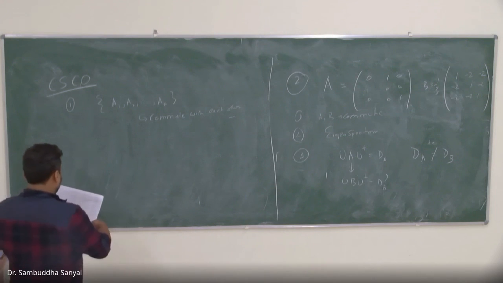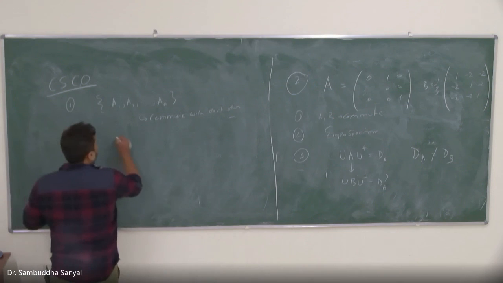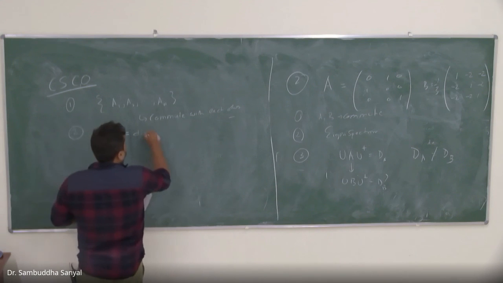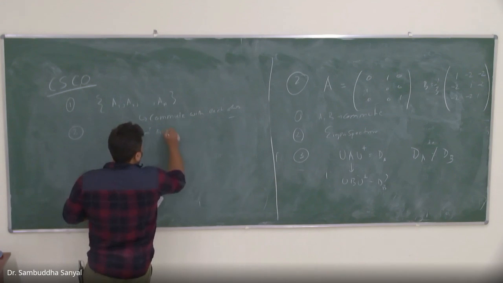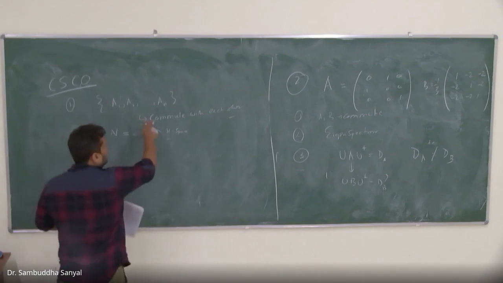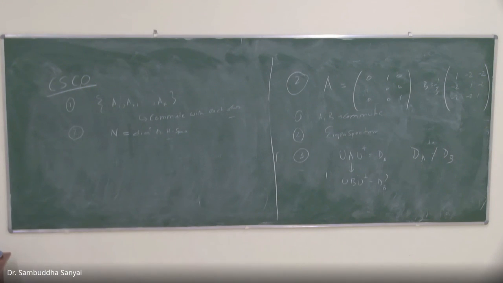Okay? And if the number n of such operators is equal to the dimension of that Hilbert space, then these eigenvalues can be used to label a state uniquely.